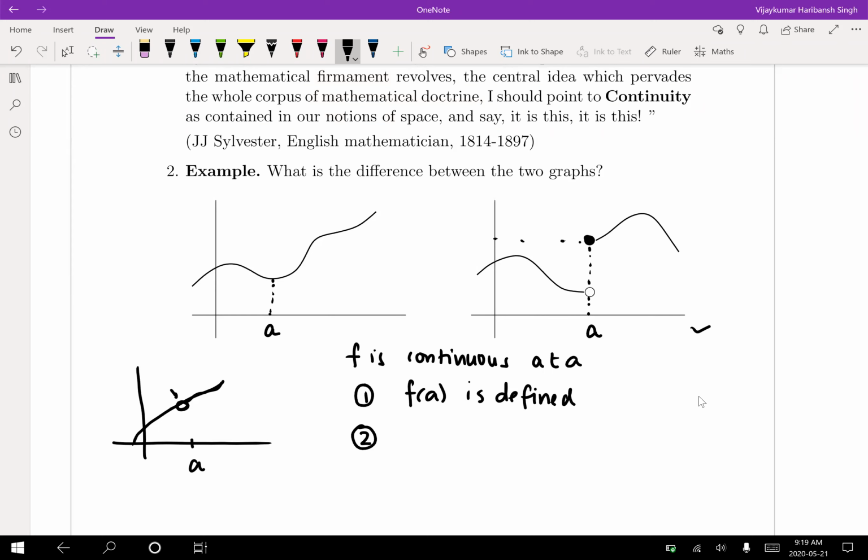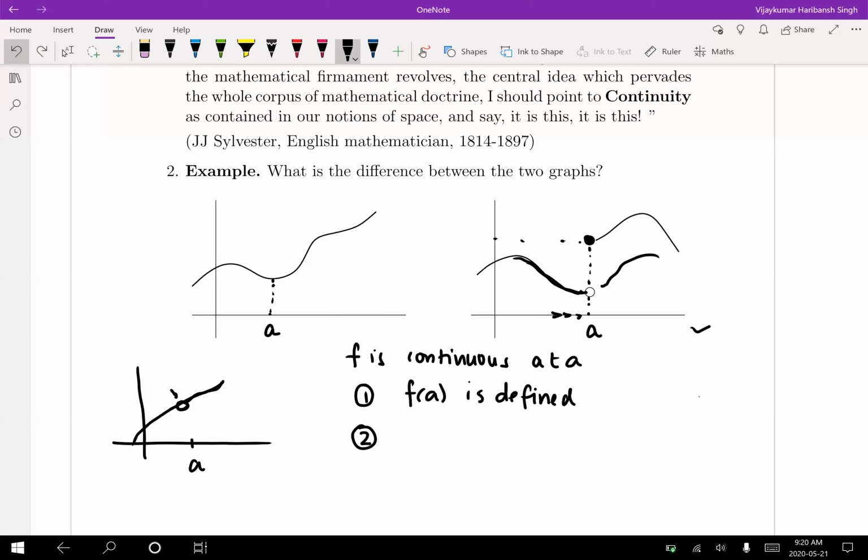Why? Because you go down like that, and then you have to lift your pen up and then draw it. For the function to be continuous, if you go like that, or if you come like that, you should reach the same point, right?